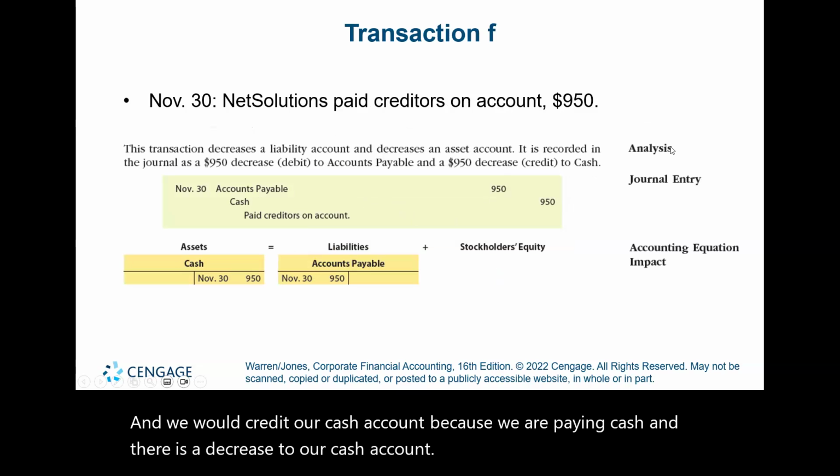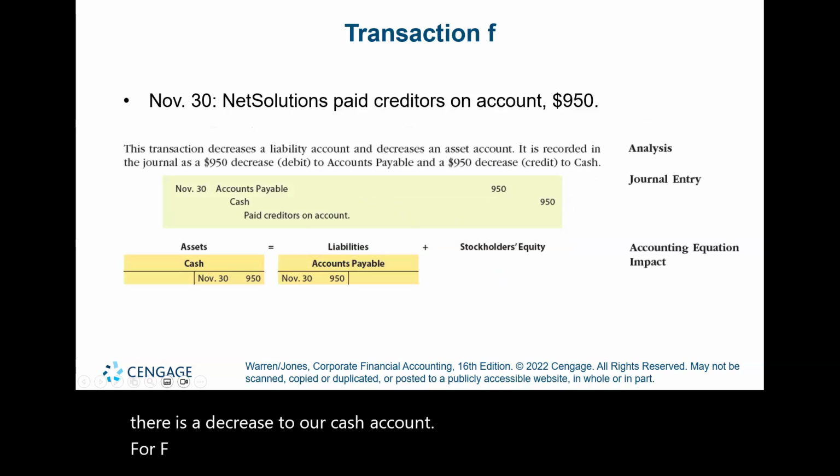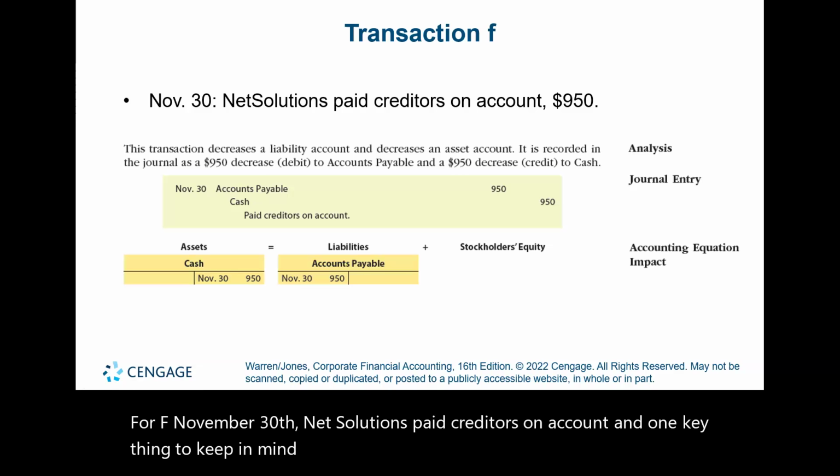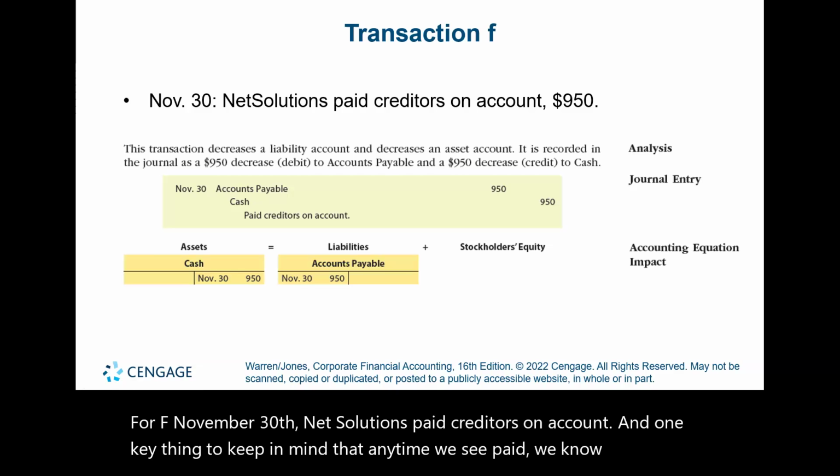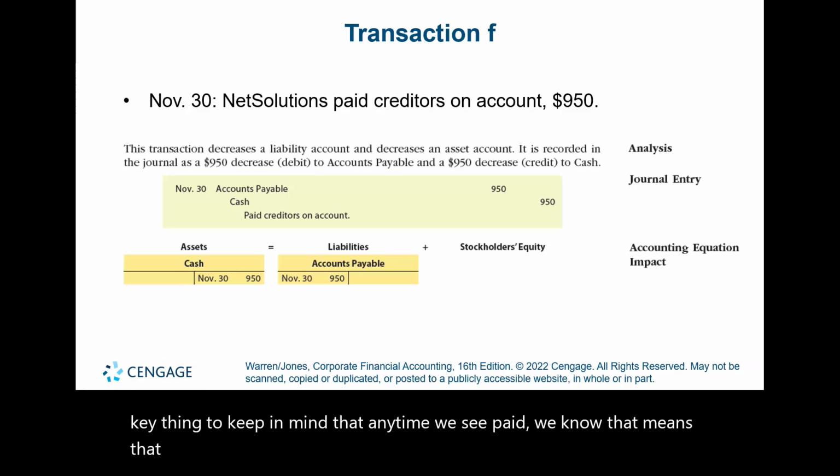For F, November 30th, Net Solutions paid creditors on account. One key thing to keep in mind, anytime we see paid, we know that that means that cash is being reduced. So cash will always be credited anytime we see paid.